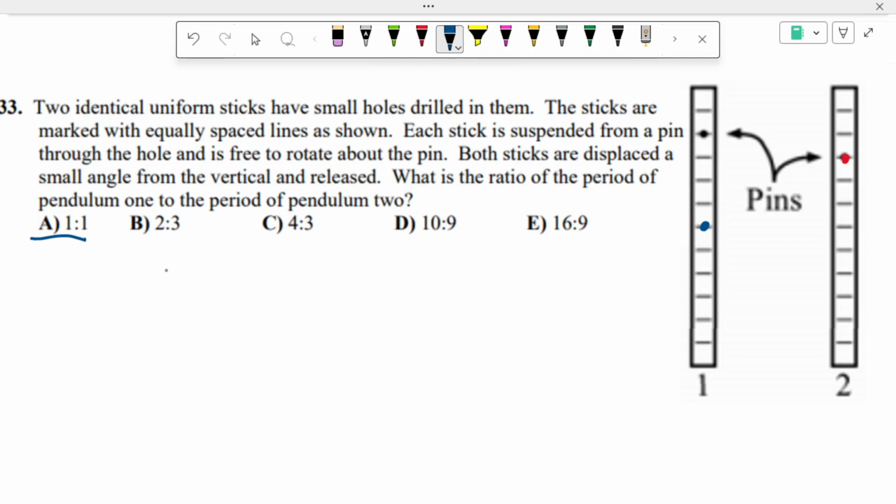The knowledge we need: number one is how to solve a differential equation like Newton's second law, which in rotational motion says total torque equals rotational inertia times angular acceleration.